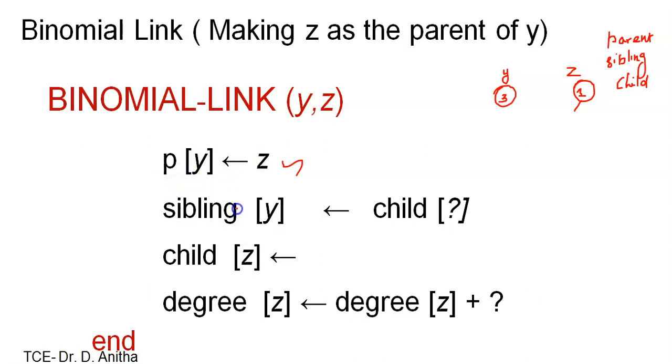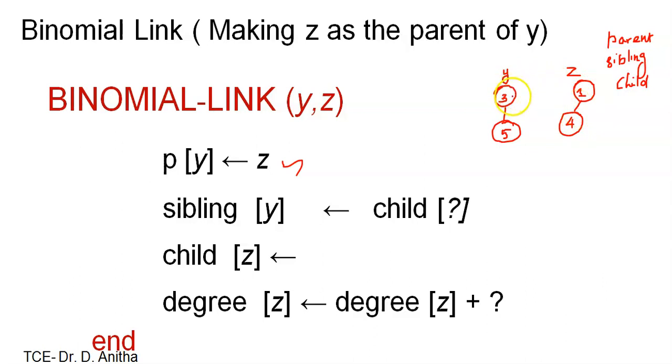Then the sibling of y: z may have another child, for example, one more child. So when I link this z to y, I have this. This is y, this is z, and I am going to combine y to z.